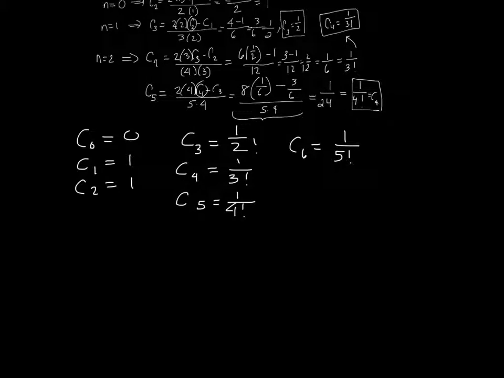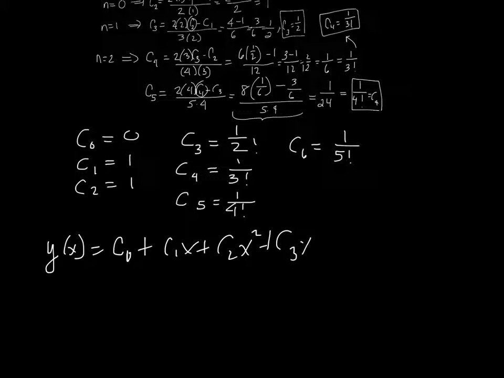Okay, so now let's go ahead and substitute it back into our y of x. So we have y of x equals c naught plus c1x plus c2x squared plus c3x cubed plus c4x to the fourth plus dot dot dot. Okay, c naught is 0, so that's gone.